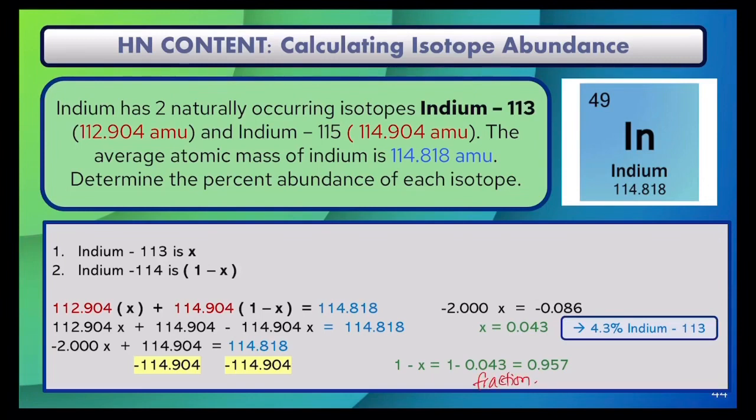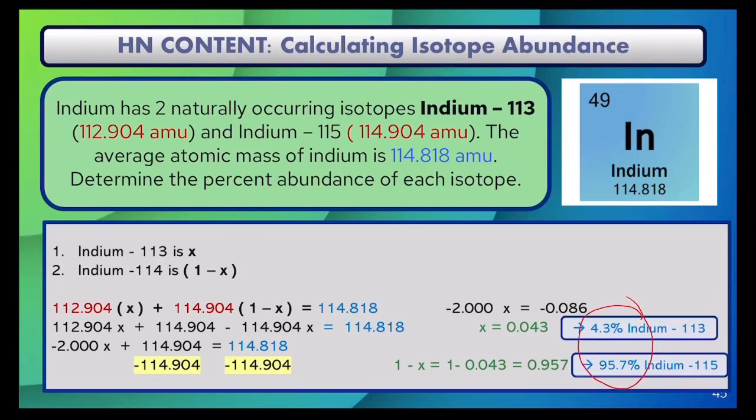And because the question is asking for a percent abundance, we're going to multiply this value by 100. So when we do that, we get 95.7% indium-115. Now to check your work, one thing you can do is add up your percentages. And if you are at exactly 100%, you know you're right.